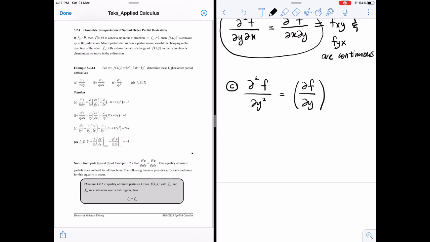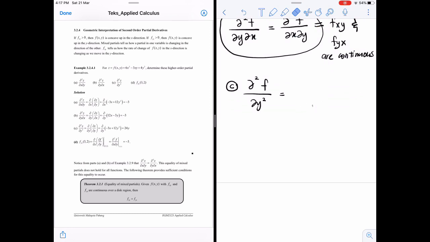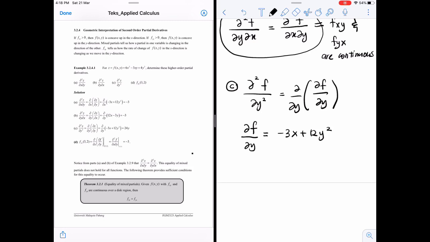So we differentiate f with respect to y, then we differentiate it again with respect to y. First we find del f del y. What you will get is negative 3x plus 12y squared. Then we differentiate it again with respect to y. So you will get 24y.